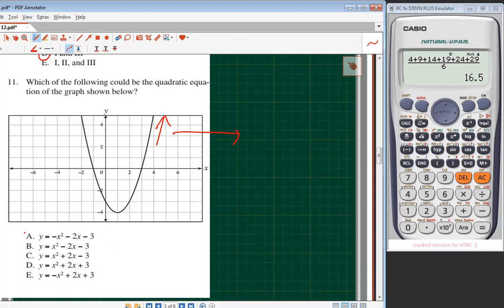Hence, we eliminate A and E because the coefficients in front of x square are negative.